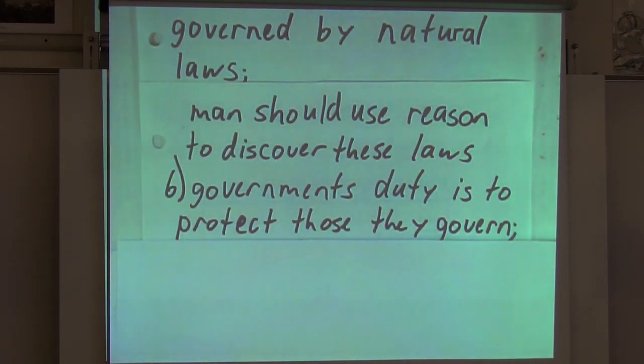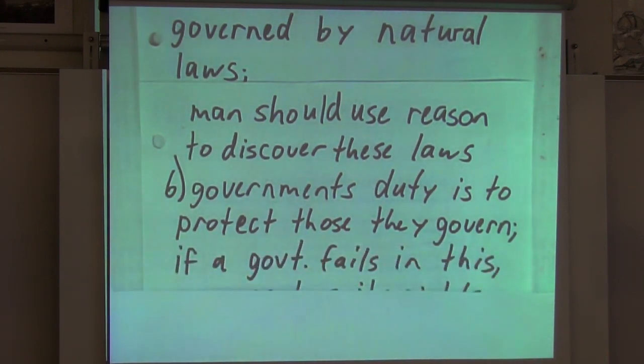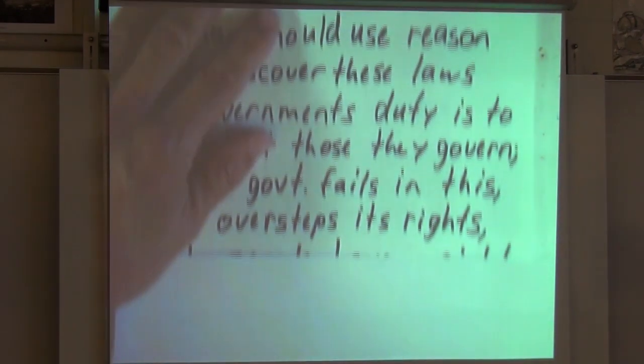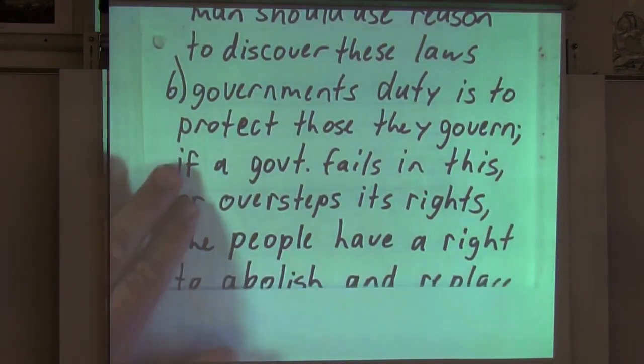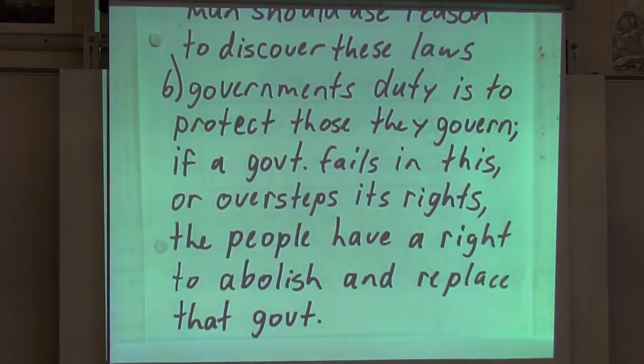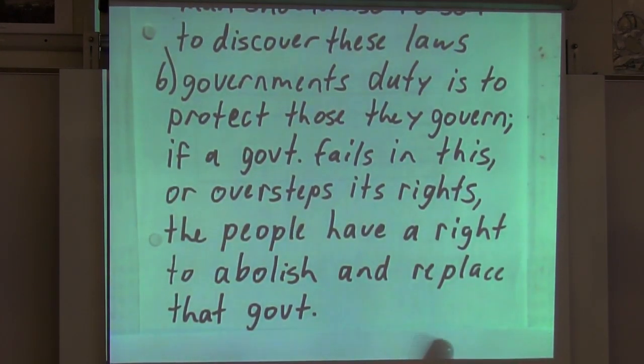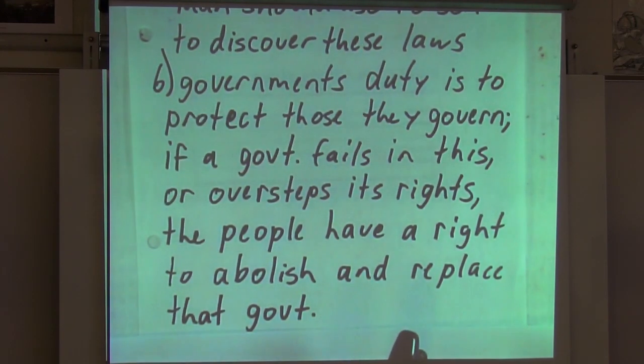They don't protect them, they take advantage of them. They are brutal to them in many cases. And so the Philosophes said, if the government cannot, at the very minimum, protect those they govern, and if a government fails to do this or is out of line, it just ignores it and oversteps its rights, then what do people have the right to do? They have the right to abolish and replace that government.